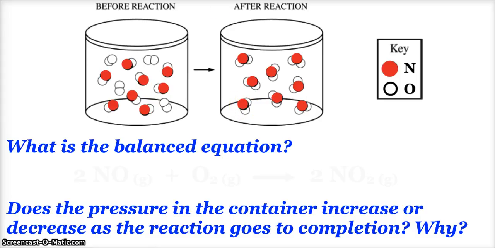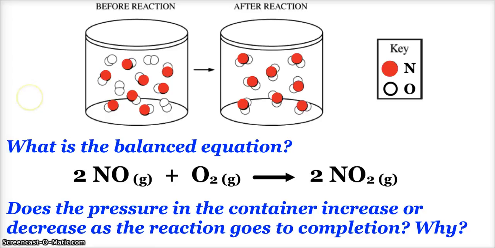You could count up all the things and say I've got 4 O2s and 8 NOs make 8 NO2s, and then I would just reduce that down. So ultimately, 2 nitrogen monoxides plus oxygen make nitrogen dioxide. Again, I could have said 8 NOs plus 4 O2s make 8 NO2s, but I'd want to reduce it down.